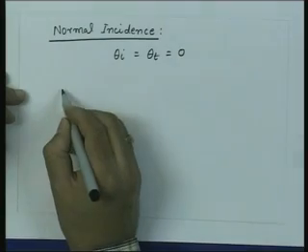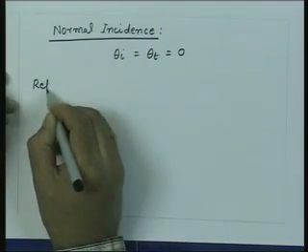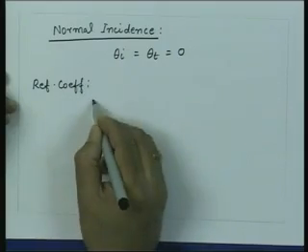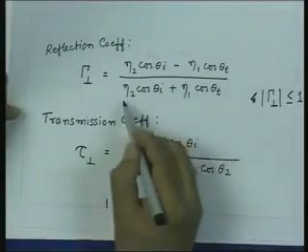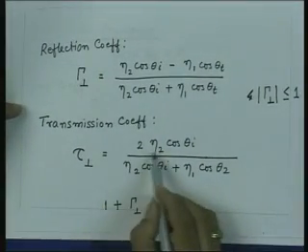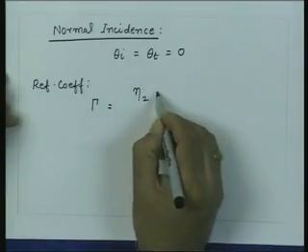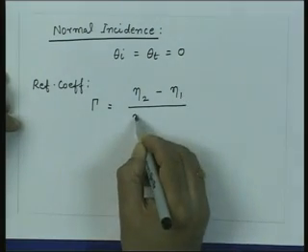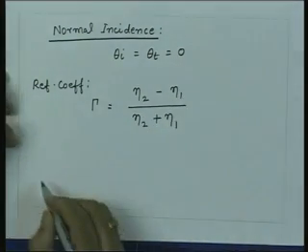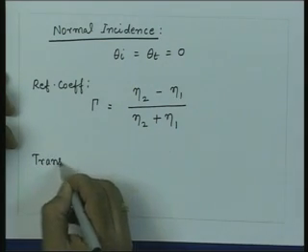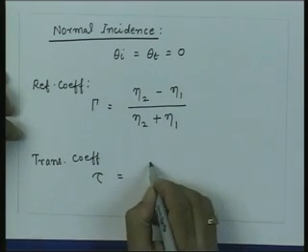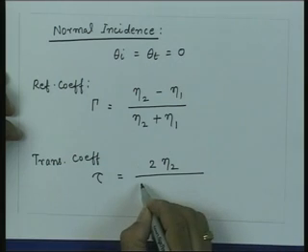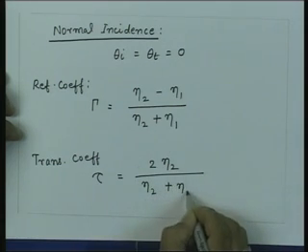So the reflection coefficient gamma will be equal to eta 2 minus eta 1 divided by eta 2 plus eta 1, and the transmission coefficient tau will be equal to 2 times eta 2 divided by eta 2 plus eta 1.